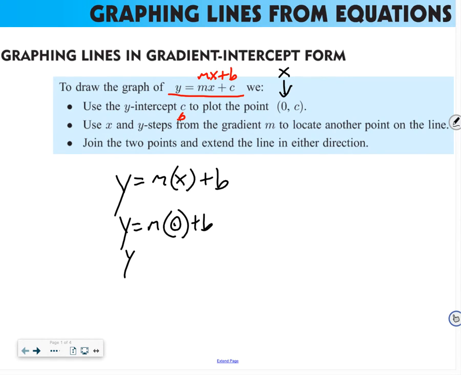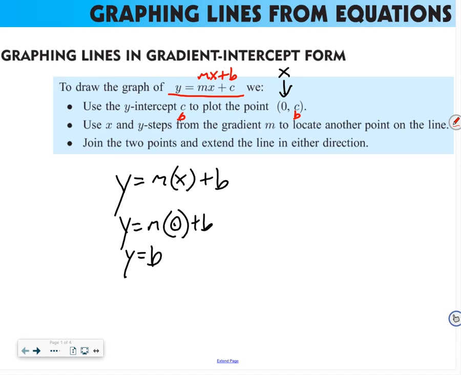So then our y must be equal to b. Or if it's the other form, we have c here. Okay, so we're always going to graph that first point. It's going to be on our y-axis.